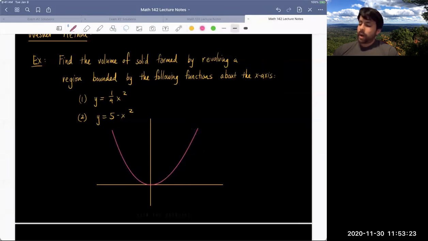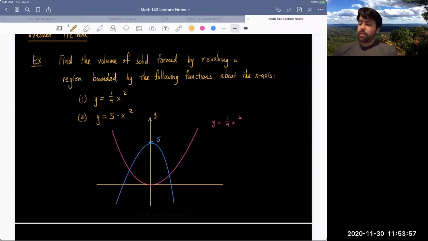So here I have y equals 1/4 x squared, right? And then I'm going to have the other curve, the parabola that's facing downward. It looks something like this. If it was only symmetric, it would be better. But this would be the y-intercept.